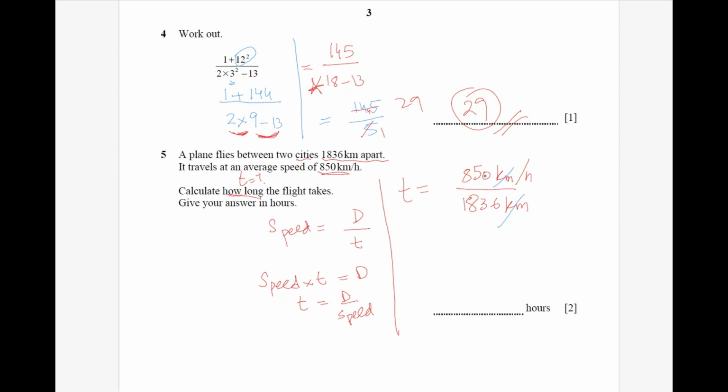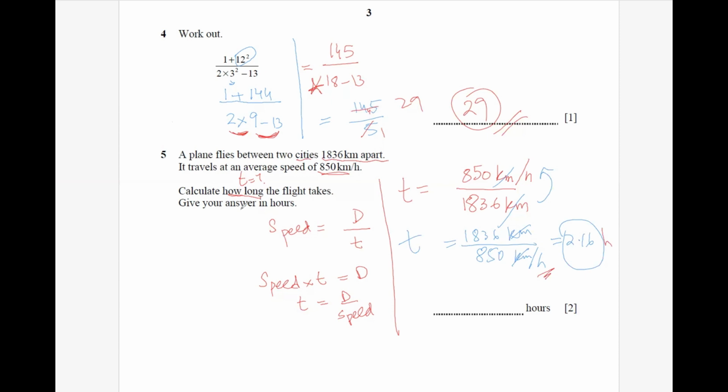That means we had to do it the other way around, like 1836 kilometers divided by 850 kilometers per hour. Now we can cancel these kilometers and then divide 1836 by 850. 1836 divided by 850, that is 2.16. Since the unit is hours, this is in hours.